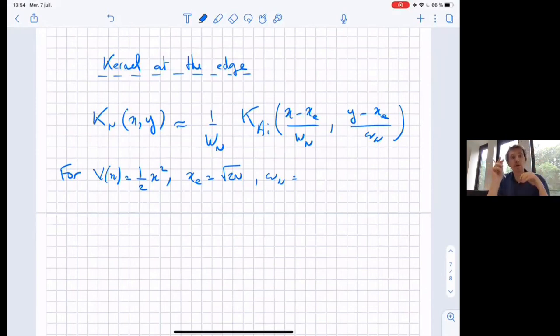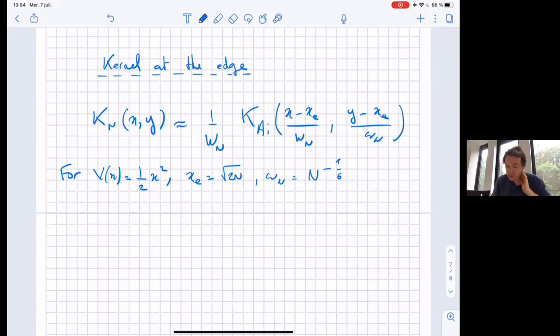But you have to remember that for the random matrices, the support was between minus square root of 2 and square root of 2. For the fermions, there is an additional square root of n in between the two. So w_n actually is not n to the power minus 2/3, but n to the power minus 2/3 plus 1/2. This means that w_n is n to the power minus 1/6. The origin of the exponent is, of course, the same.